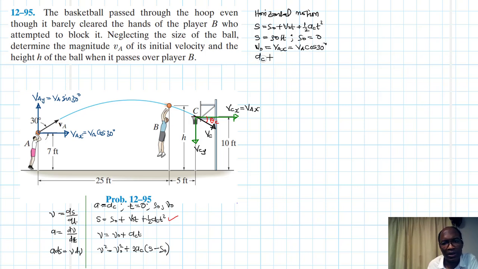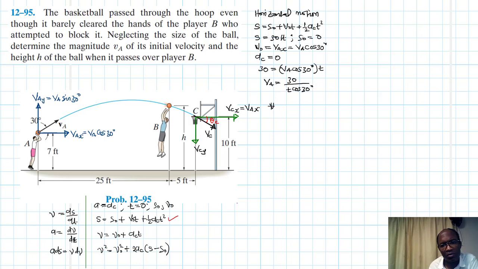Since VAX is constant, a_c is equal to 0. So we have 30 equal to VA cos 30 times t. I'll make VA the subject of the formula, so this is equal to 30 divided by t cos 30.